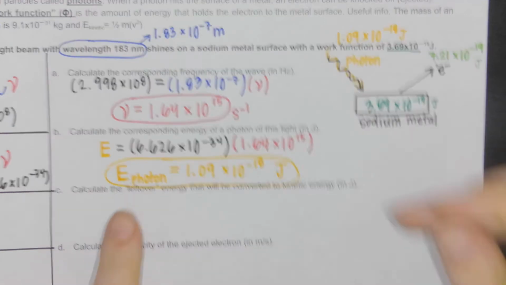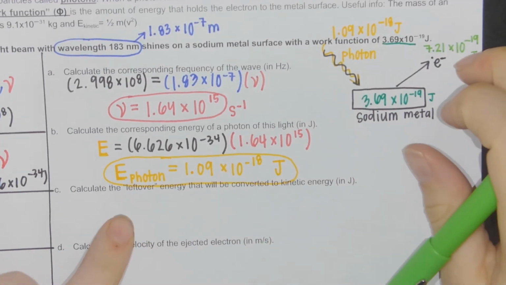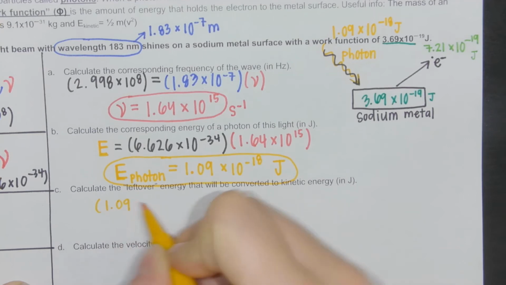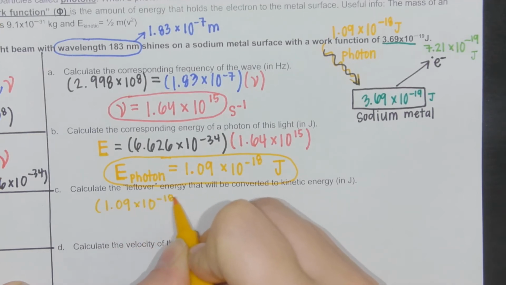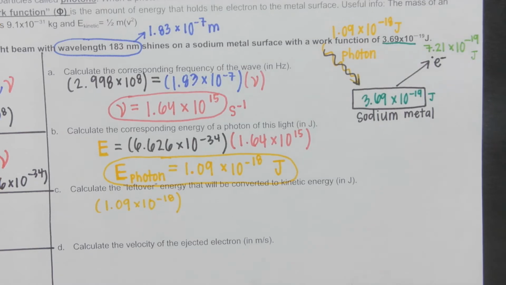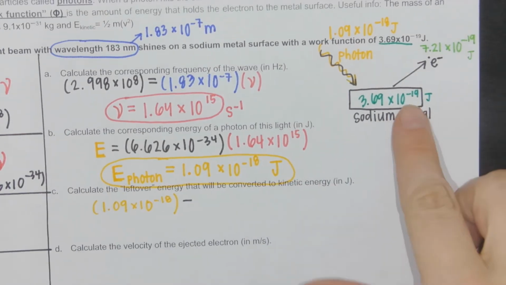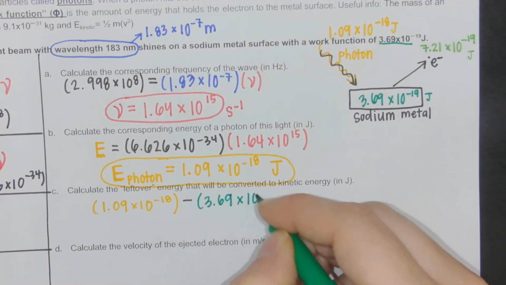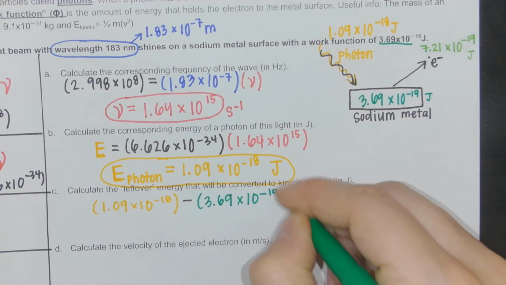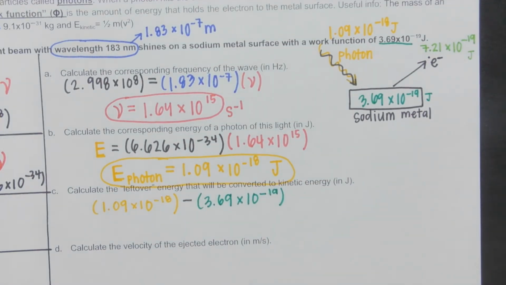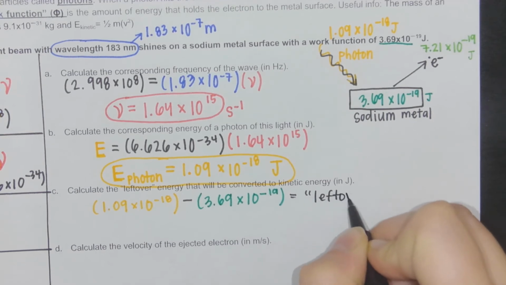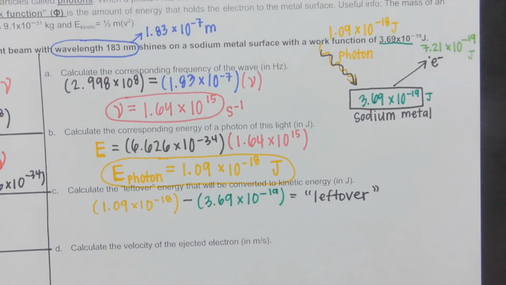Okay, so the leftover energy here is the answer that we want. I'm still going to write the process down below so that you can see it, because what we did is we took 1.09 times 10 to the negative 18 minus the 3.69 times 10 to the negative 19, and this equals that leftover energy.